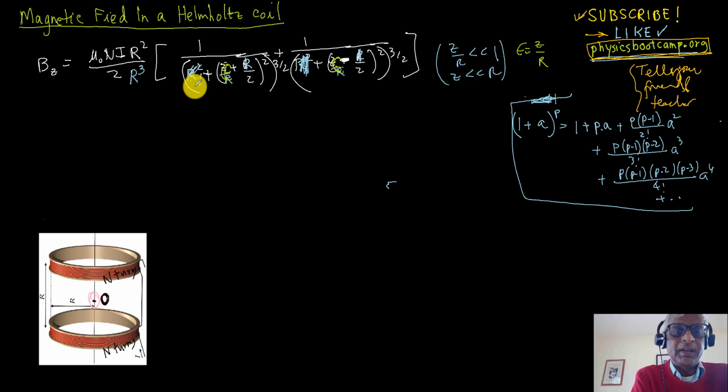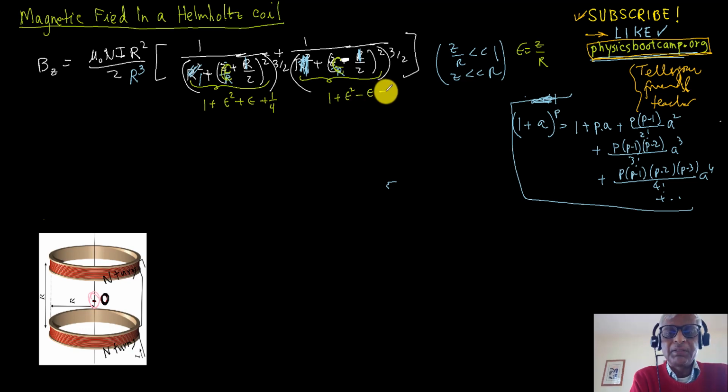Now let's see, if I expand this, then I get 1 plus epsilon squared plus epsilon plus 1/4. When I expand this guy, I get 1 plus epsilon squared minus epsilon plus 1/4. So this is still big. I still don't like that. So this with that will become 5/4 plus epsilon squared plus epsilon, and this is 5/4 plus epsilon squared minus epsilon.